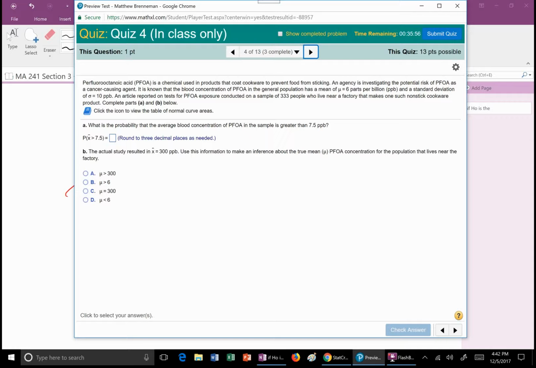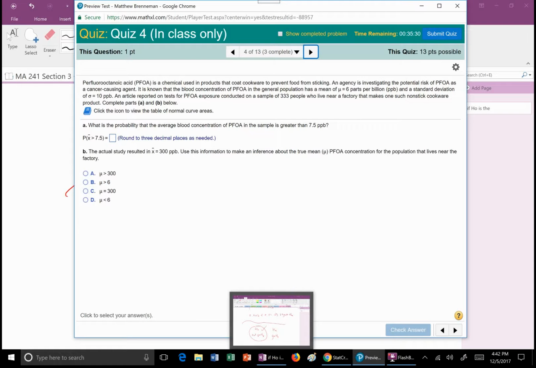An article reported on tests of this exposure conducted for a sample of 33 people. We want to know what is the probability that the average blood concentration is greater than 7.55 parts per billion.